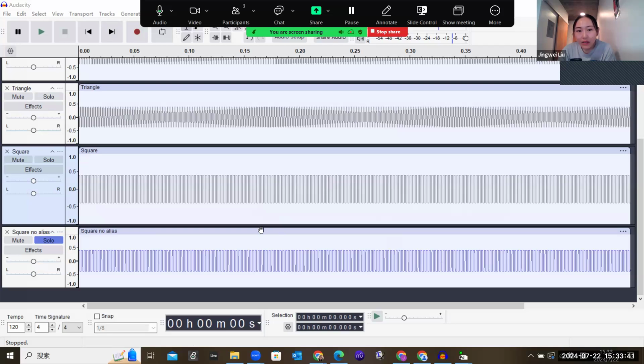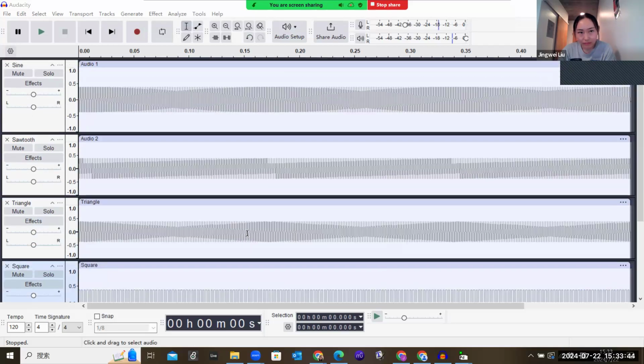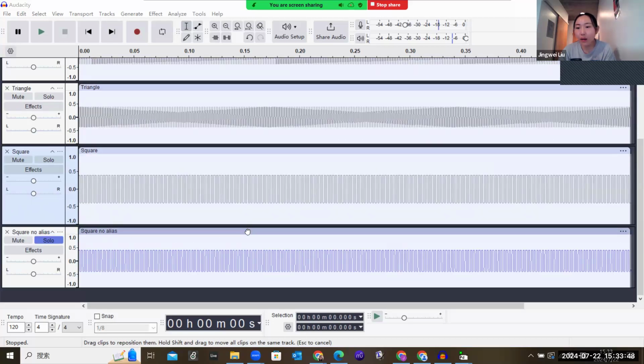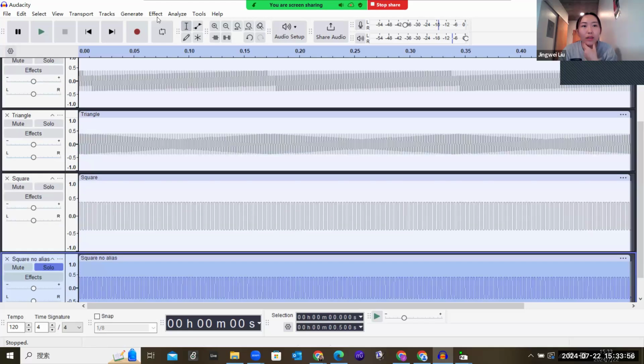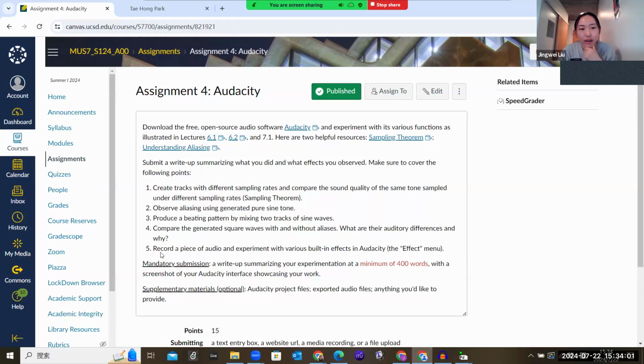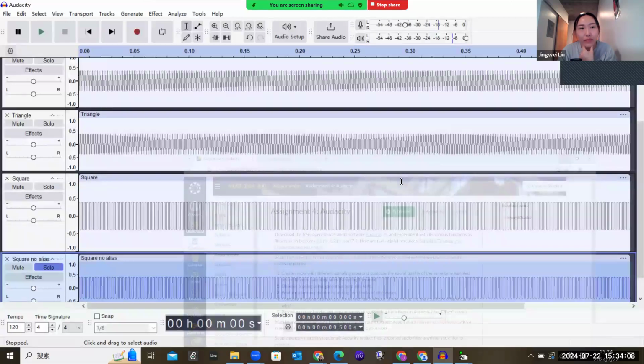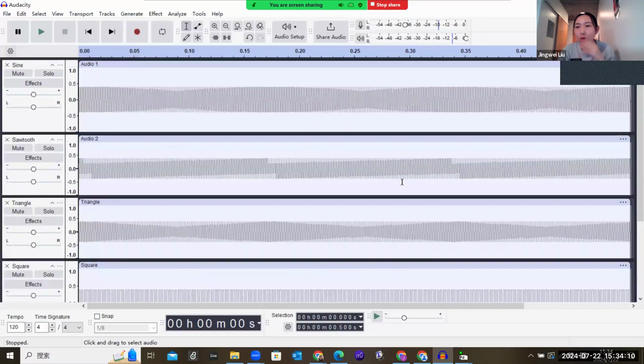And in the next part after the break, I will talk about the effects in Audacity, because for your homework, the last part is to record a piece of audio and experiment with various effects in Audacity. These are actually much easier concepts than what we've been talking about. It's less theoretical and less research oriented.